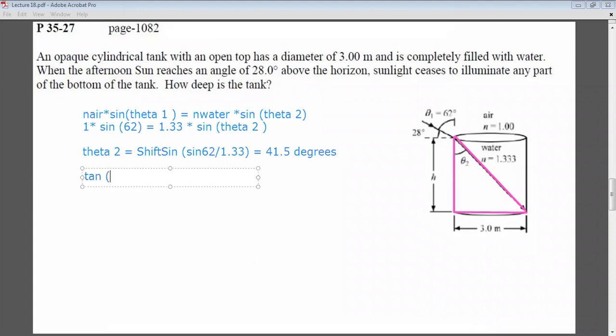Tangent of theta 2 is equal to the opposite, which is 3, divided by h. So h is equal to 3 divided by tangent of theta 2, which is 41.5. And the answer is 3.39 meters.